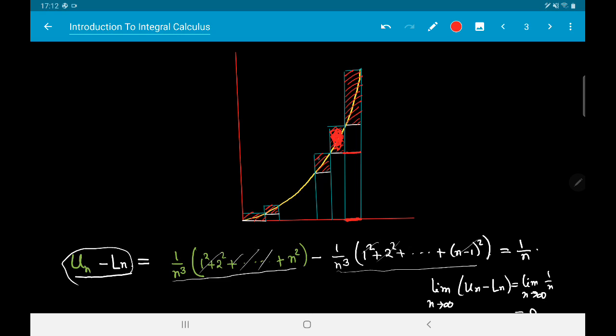Similarly, you can just copy and paste this rectangle over here inside this rectangle. So this was like this. You can again copy and paste this rectangle over here.